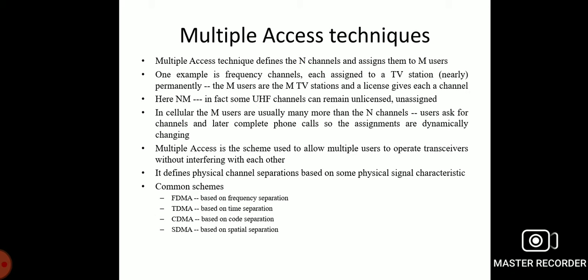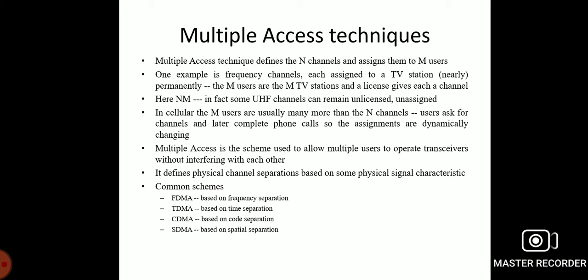So multiple access is the scheme used to allow multiple users to operate the transceiver without interfering with each other. Interference, for example, of unwanted noise signals. It defines the physical channel separation based on some physical signal characteristics.